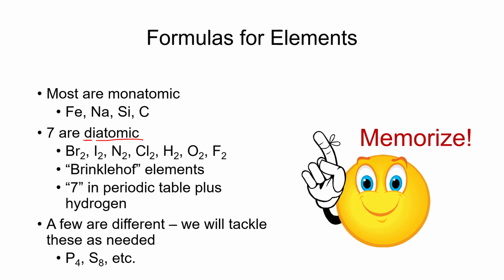Di means 2. Atomic refers to atoms. So we're saying that these are 7 elements that when they naturally occur consist of molecules made up of 2 atoms. So we've got to write the subscript of 2 in the formulas. For instance, the oxygen that you are breathing right now is not just oxygen atoms, it is 2 atoms stuck together to make a molecule. So we're going to write the formula for oxygen as O2.